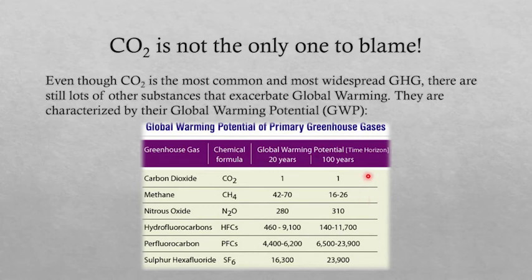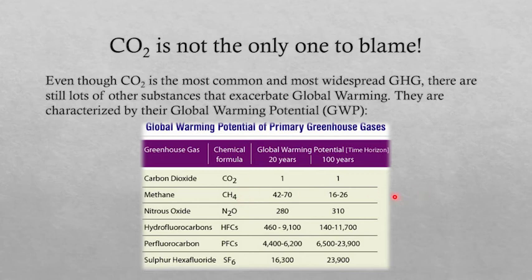So while most of us are focused solely on carbon dioxide, what we don't know is there are also other gases that are contributing to the greenhouse effect that are much worse than carbon dioxide. That's why in some industrial operations, such as in landfills, it is much better for you to combust methane and for it to become carbon dioxide than for it to remain methane in the atmosphere. That's because carbon dioxide is a less potent greenhouse gas than methane.